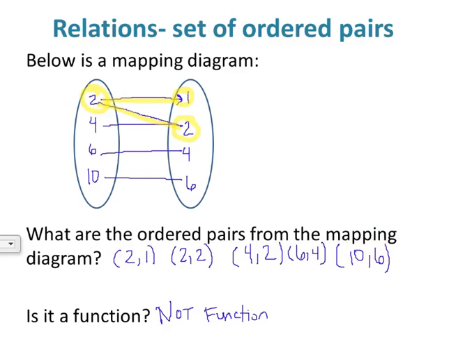And if you ever see that you've got 2 coordinates with the same x value, and then there's 2 different y values that it's linked to, anytime you see that in a list of ordered pairs, you know then that that's going to be not a function. So you can tell if a relation is a function by looking at a mapping diagram or by looking at the ordered pairs to see if they are a function or not.